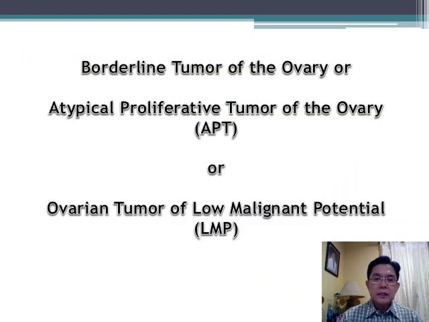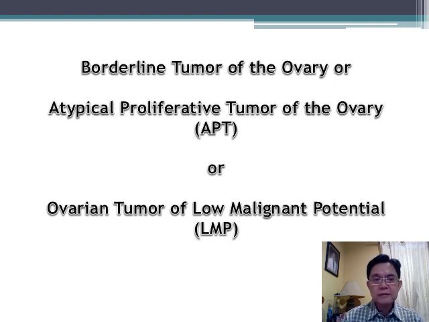I mentioned earlier that there is actually a third type of ovarian tumor among the epithelial groups. This is your borderline tumor of the ovaries, or atypical proliferative tumor of the ovary, or most popularly known as ovarian tumor of low malignant potential.